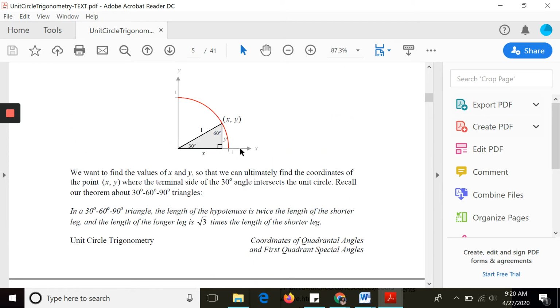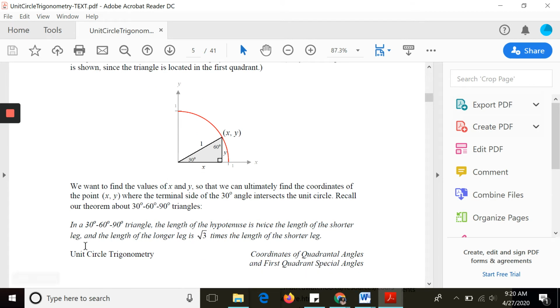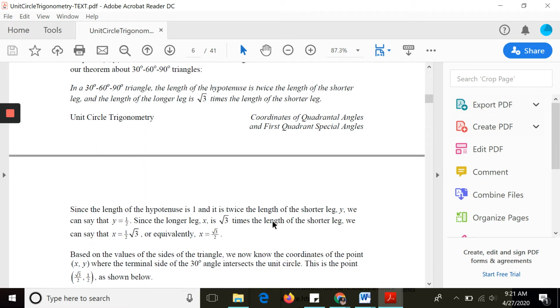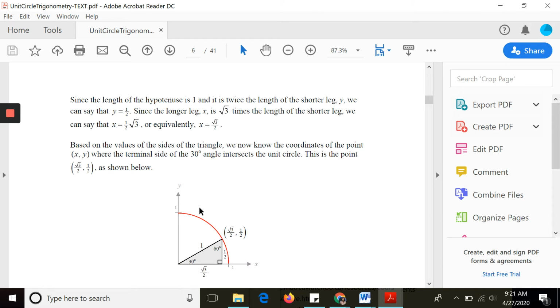I already explained all of these things, so x and y. I already explained that in a 30-60-90 triangle the length of the hypotenuse is twice the length of the shorter leg, and the length of the longer leg is square root of 3 times the length of the shorter leg. So we already know that, and this is how we got the values.